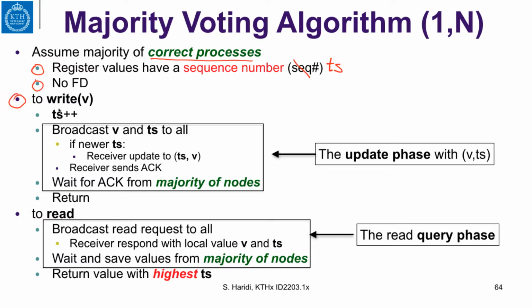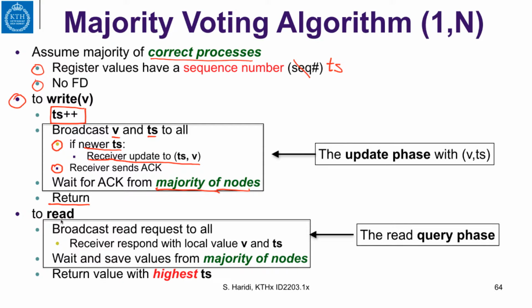So when you start to write, you increment the timestamp, you broadcast V and the timestamp to all processes, and if TS is higher or newer, the receiver updates its local register value and sends an ACK back. When the process gets a majority of responses, it ends the phase. So that is the return.